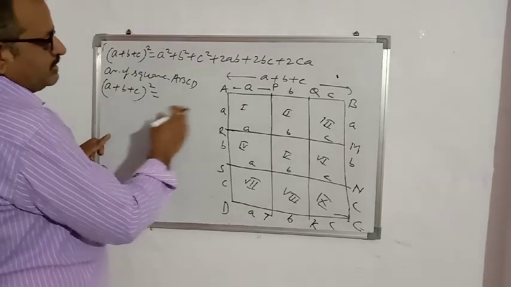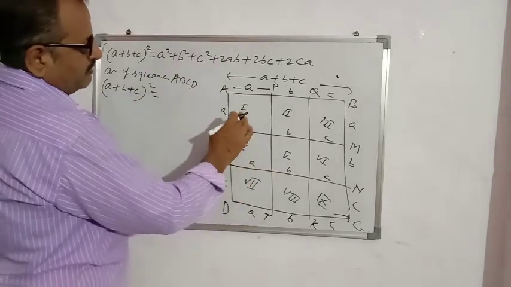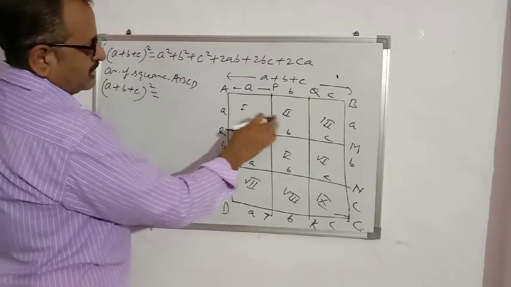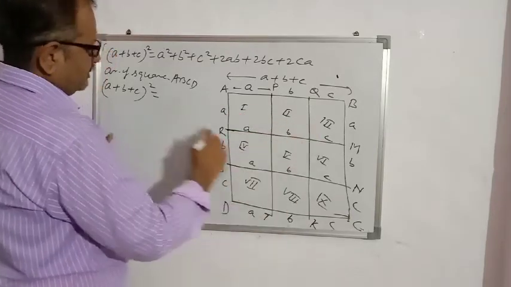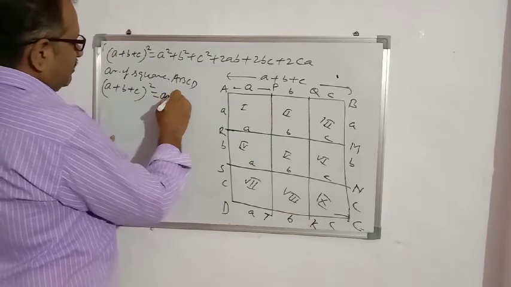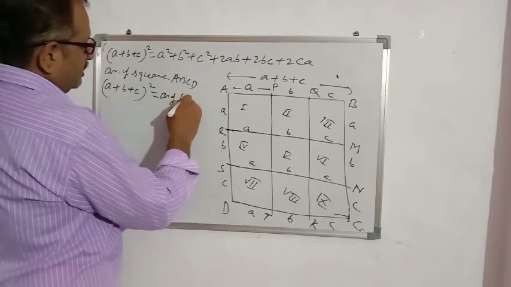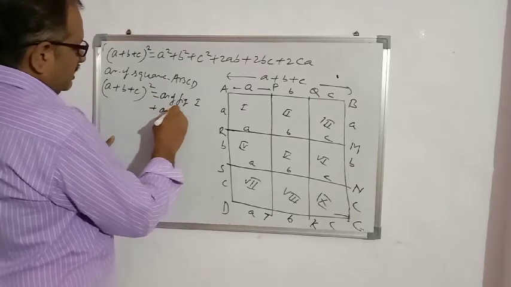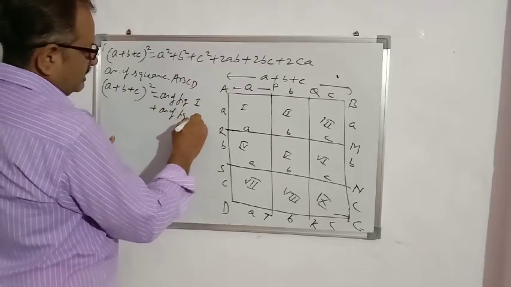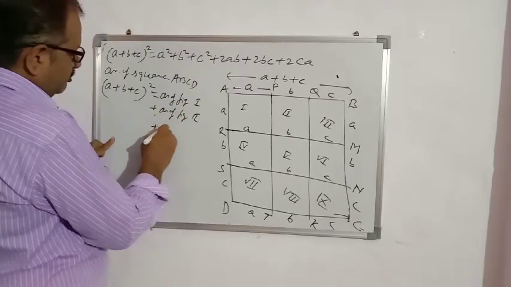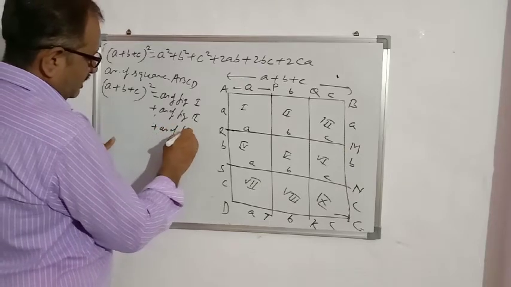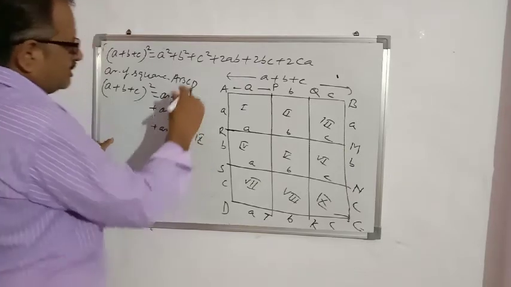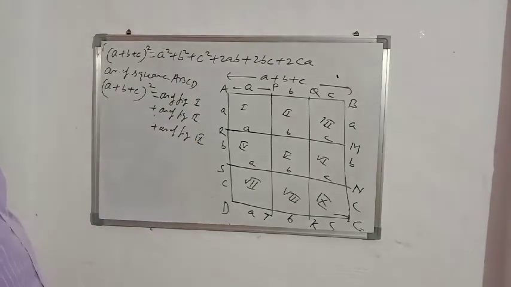How will we find the whole area? We will find the area of the first part, second part, third part and add them: area of figure first plus area of figure second, similarly up to area of figure ninth. 1 to 9th we have to find the area and add it.